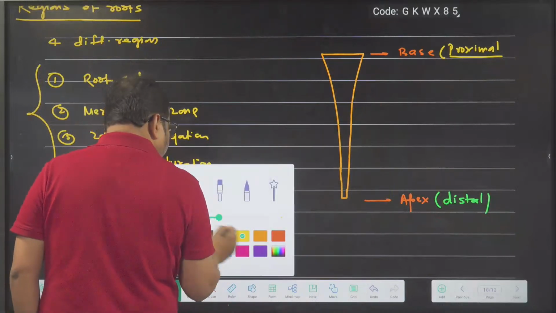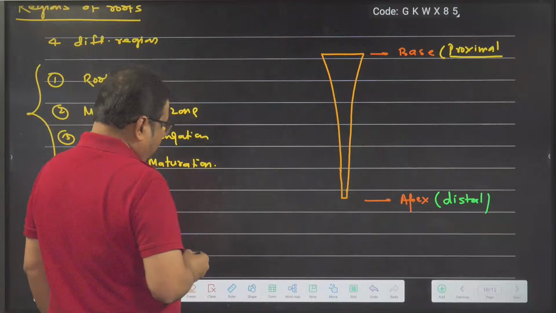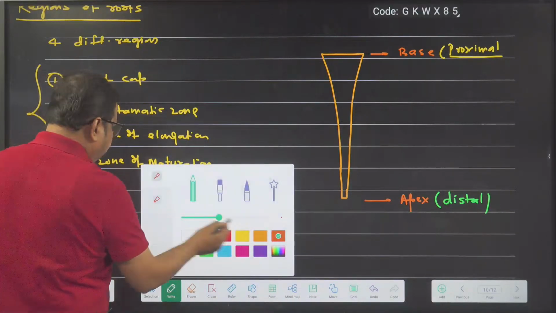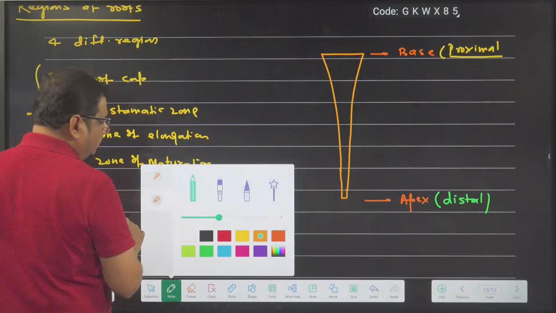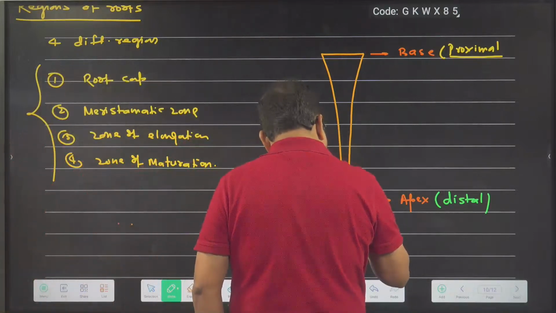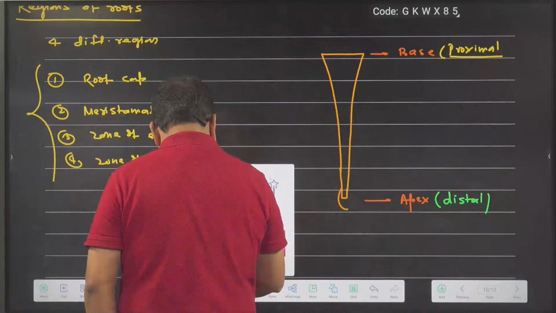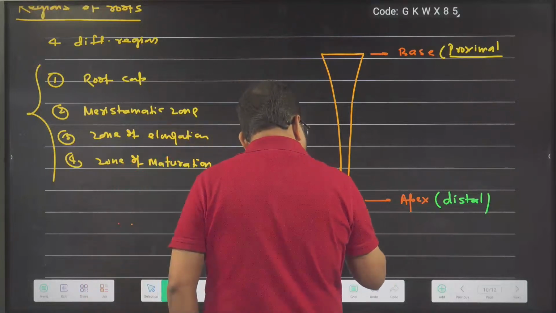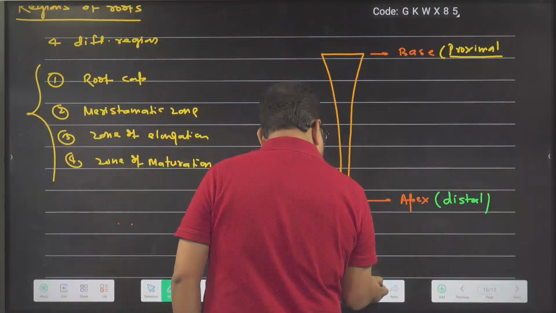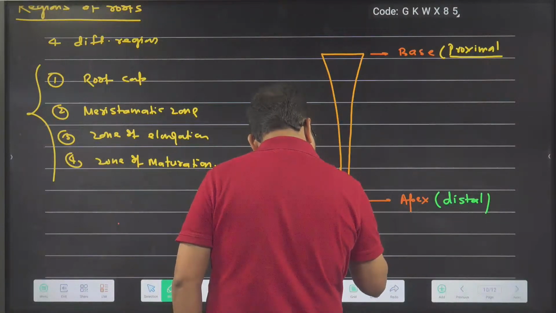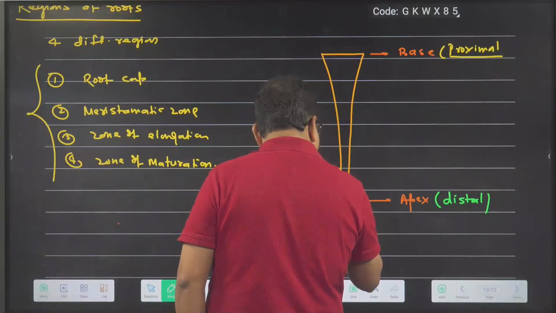So what do we find? NCERT wrote that the tender apex is covered by a thimble-like structure. I am changing the color to differentiate. The tender apex is protected by a thimble-like structure called root cap. This is the root cap.